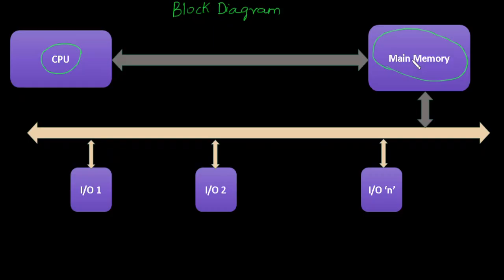All other components, all other IO devices, interact with the processor via main memory only. This is called the system bus, which connects the CPU and main memory.